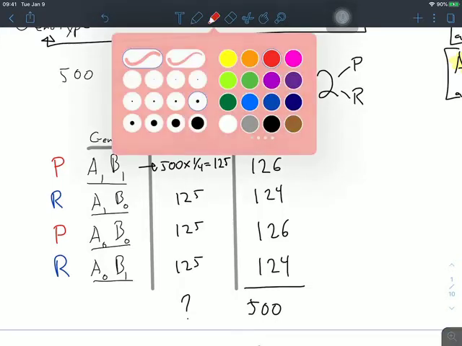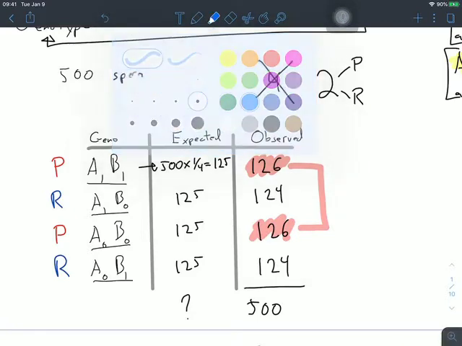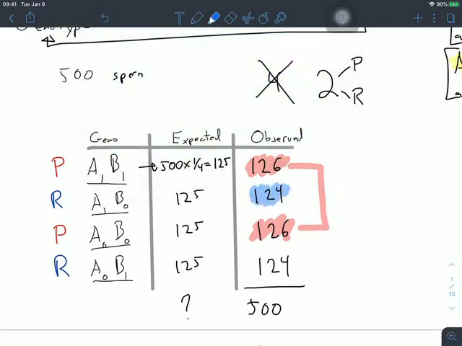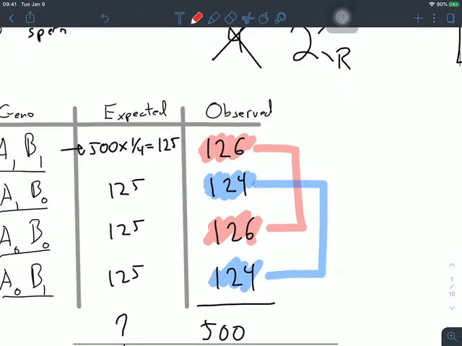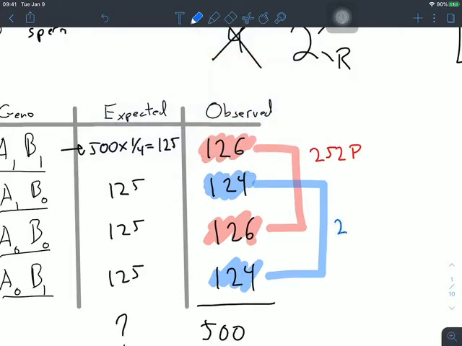This means that we have to identify our parentals and add them together, and identify our recombinants and add them together. In this example, we see that we have 252 parental types and 248 recombinant types.